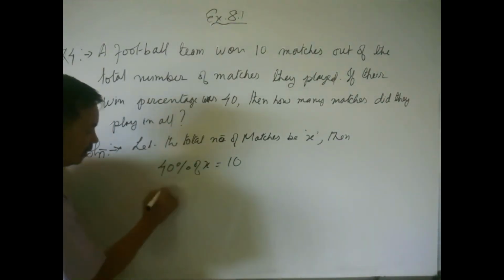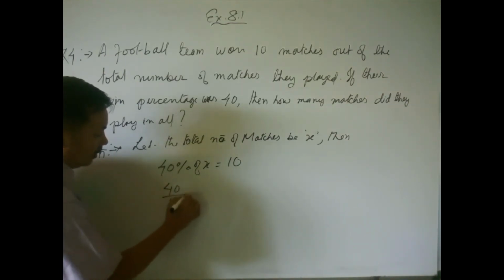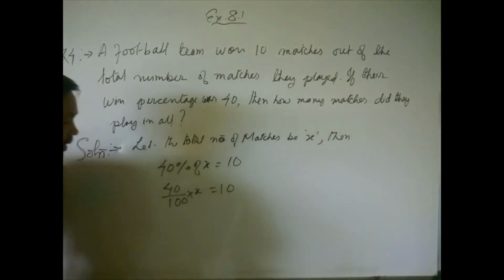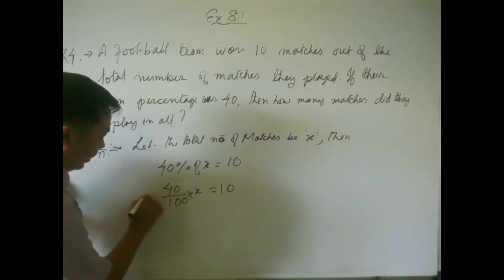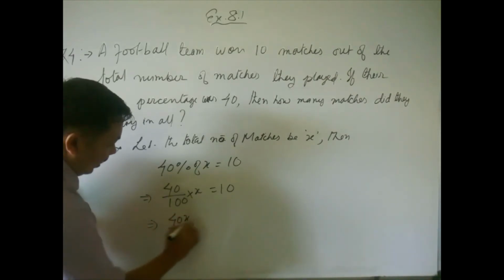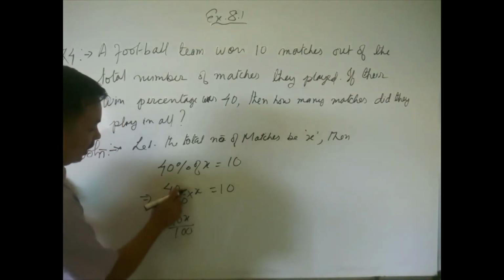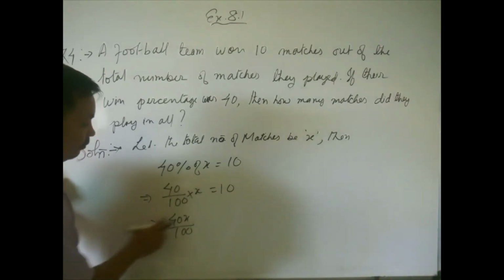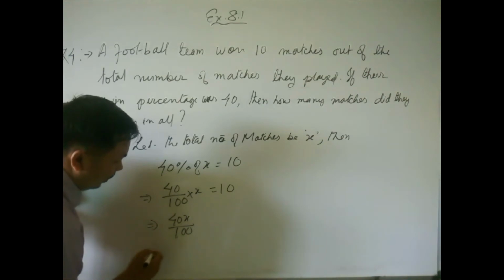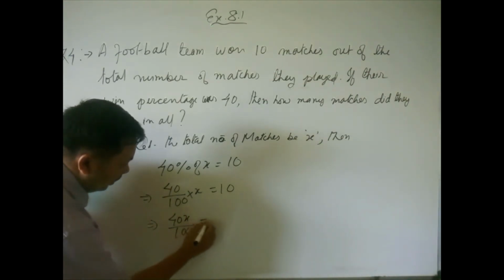Yes, 40% of X means what? 40 by 100 into X is equal to 10. So now here we get 40x by 100. 40 by 100 into x we can write as 40x. Then how much we get here? Yes, we got here 10.